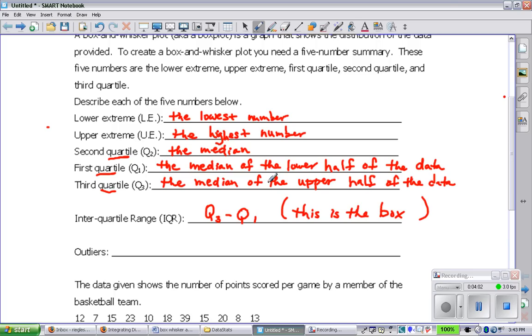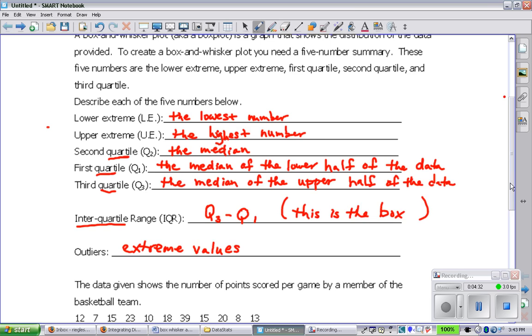Remember the term range we talked about before was your highest number minus your lowest number, and it's the same case for this. But if we're finding the interquartile range, interquartile means between the quartiles. So your highest quartile minus your lowest quartile. And then outliers, we already know, are extreme values, either extremely low or extremely high.